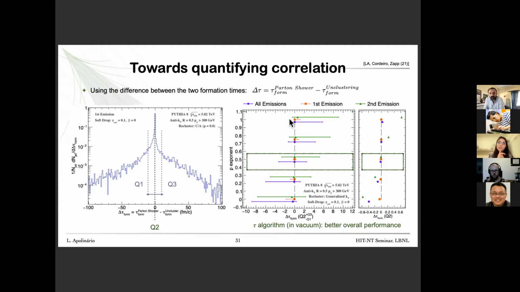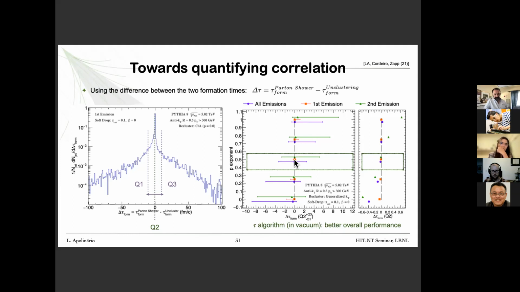Now, my question is, what happens if you throw away the soft stuff that KT gets a little bit more sensitive to? No, this is already with subtraction. Oh, with subtraction, okay. Yeah, all these 3 curves here are for KT. As you can see from the orange, I always have this shift to the right, while for P equals 0.5, it's almost none.